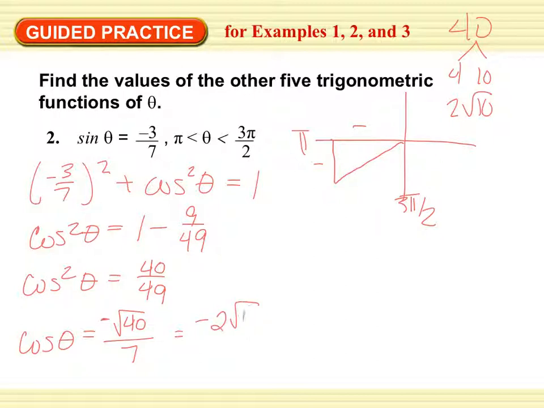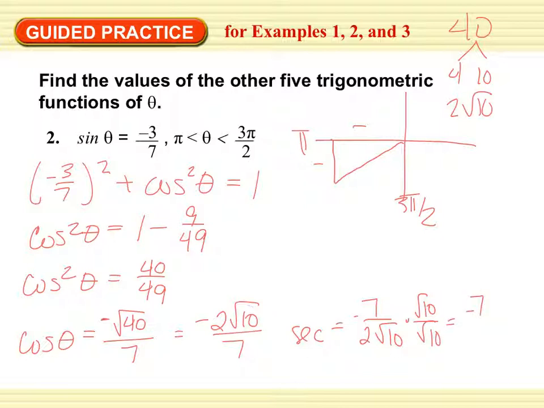Negative 2 square root of 10 over 7. So the reciprocal of that is your secant. I know you don't like rationalizing those radicals. I'm going to multiply the top and the bottom by square root of 10.